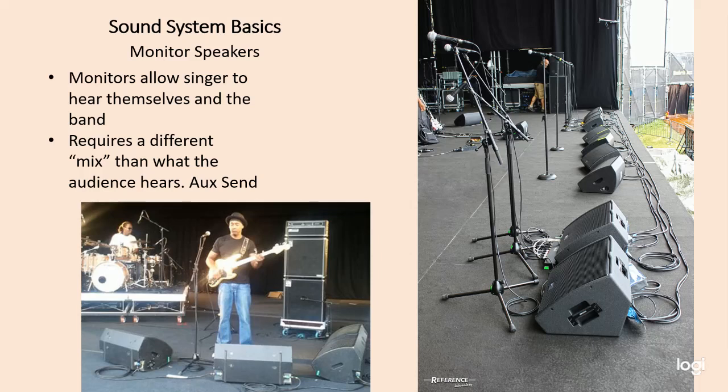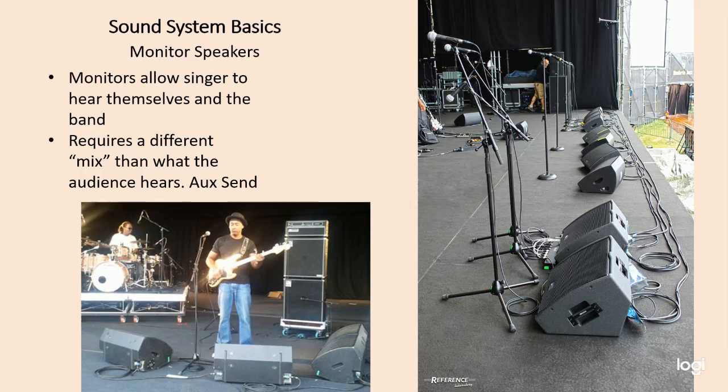like stage monitors. And what a monitor allows is for a singer or a musician or anyone to be able to hear themselves, right? So oftentimes the sound on stage and the sound coming through the main speakers isn't sufficient for them to actually hear what they're doing and to be able to hear each other on stage.